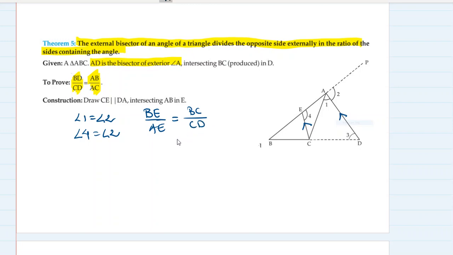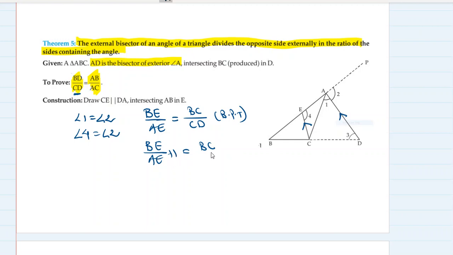What do we need? BD upon CD. And what are we getting? BC upon CD. So why not add 1 to both sides?